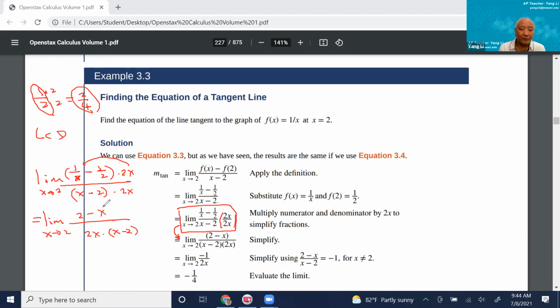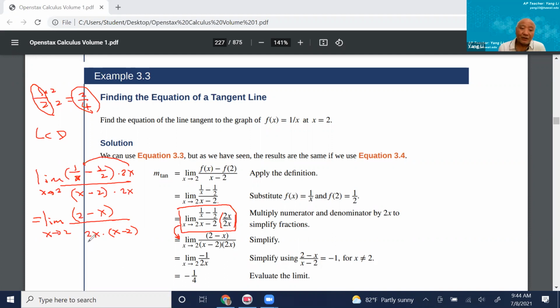Now, here, when you have this one, if you plug in 2 for x, that's not good, because that's where we get 0 over 0. Same thing, that's indeterminate. But fortunately, this one is a removable discontinuity.